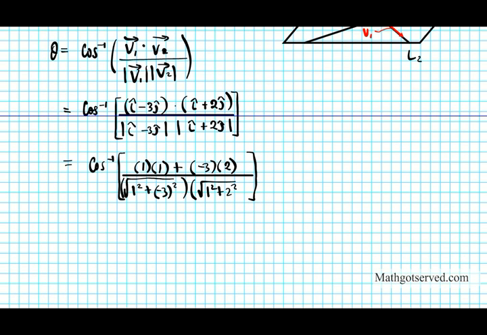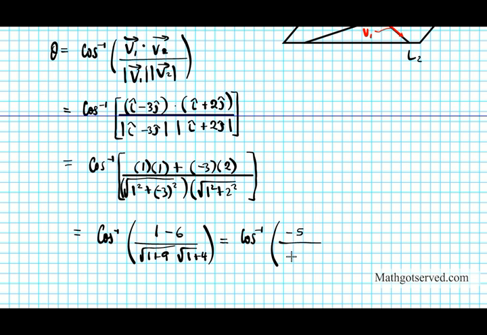All right? Okay, now let's simplify further. We're going to have the inverse cosine of, in the numerator we have 1 minus 6, divided by the square root of 1 plus 9 times the square root of 1 plus 4. Okay, so now we have the inverse cosine of 1 minus 6 is negative 5, divided by the square root of 10 times the square root of 5.